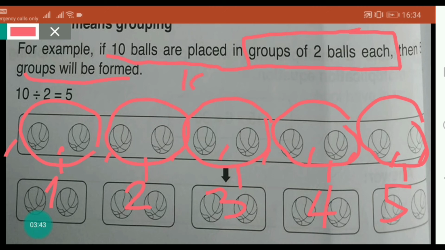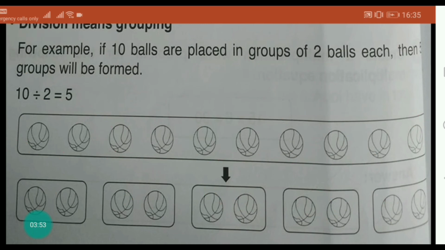That is why 10 divided by 2 is equal to 5. Okay, because if you still remember your multiplication table, 10 divided by 2 is equal to 5.